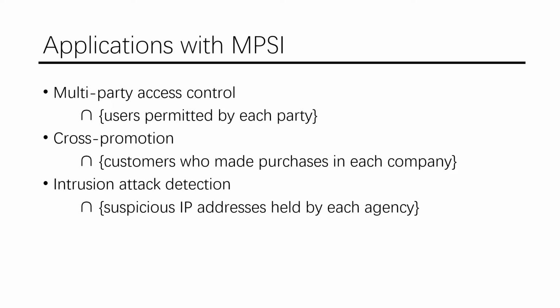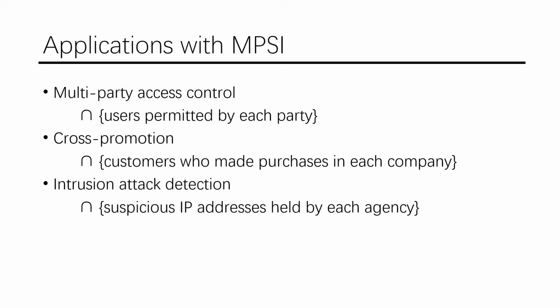So the users in the intersection are allowed to access the content. Another application is helping several companies to plan cross-promotions. There, each company has a customer list, and they can use the MPSI protocol to compute the intersection of the customer lists for which they plan special promotions, where each list except the intersection is protected.